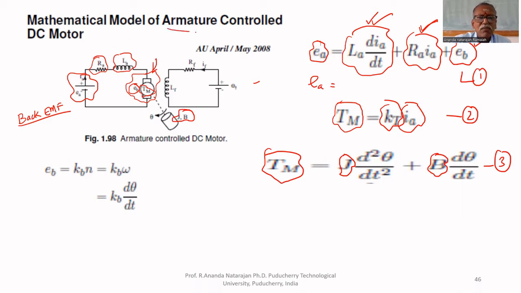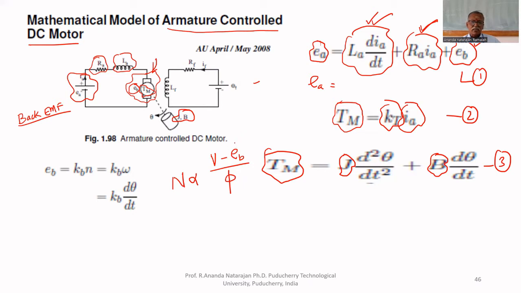Why is it called an armature controlled DC motor? How can we control the speed of a DC motor? What are the methods available? N is proportional to V minus EB upon flux.